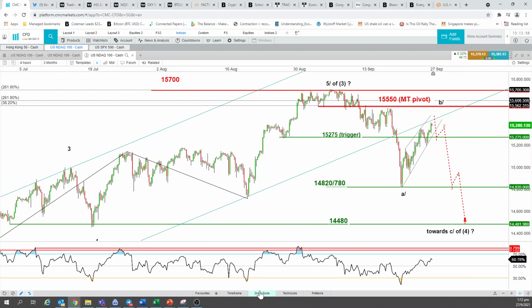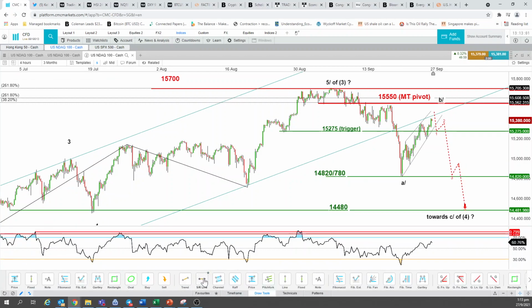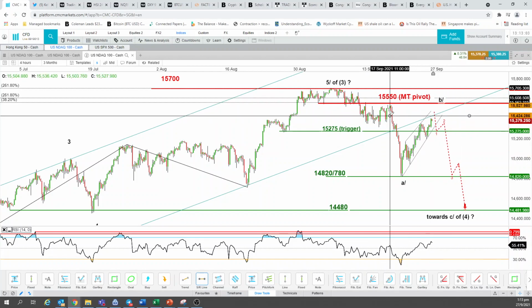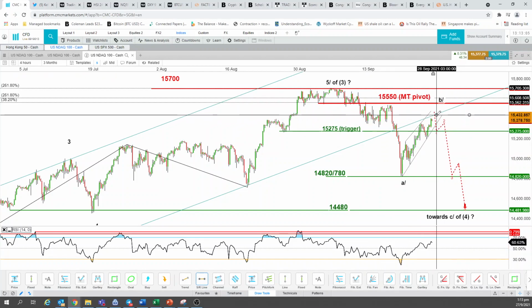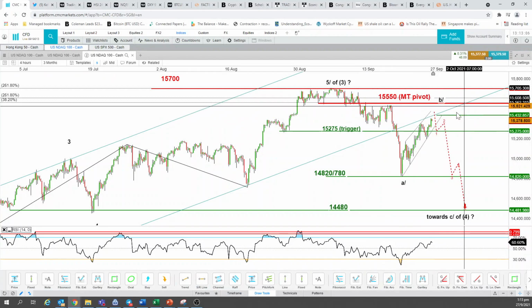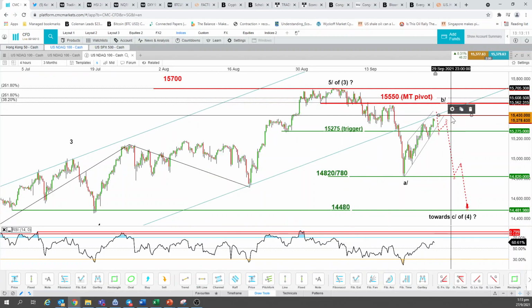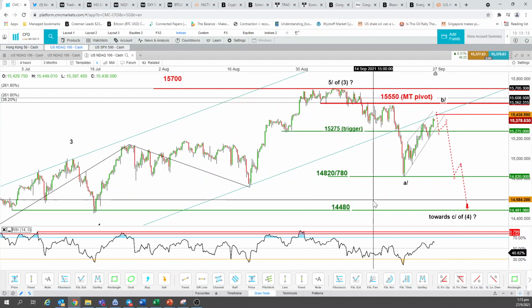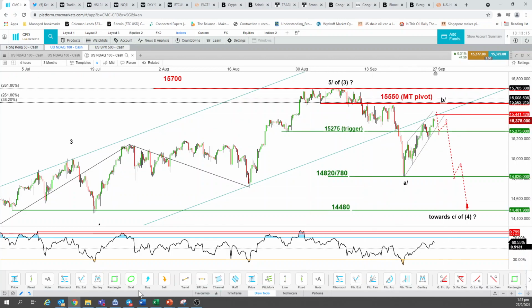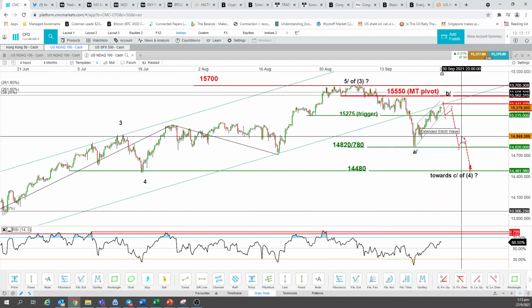Let me draw this line for you, at around 15,440. Okay, so that's a pullback resistance.